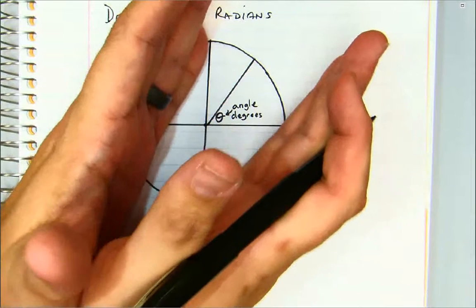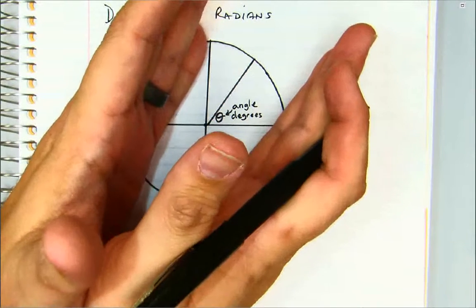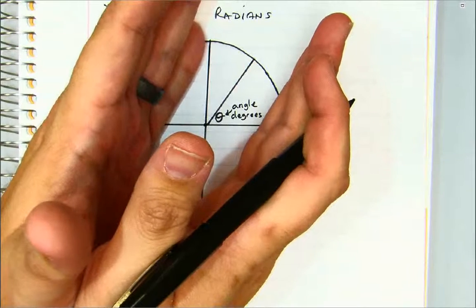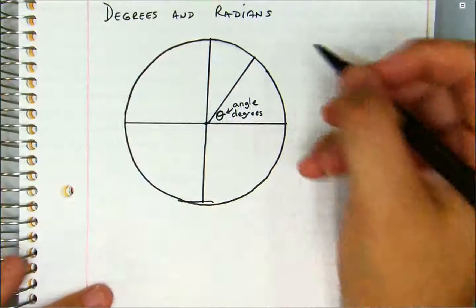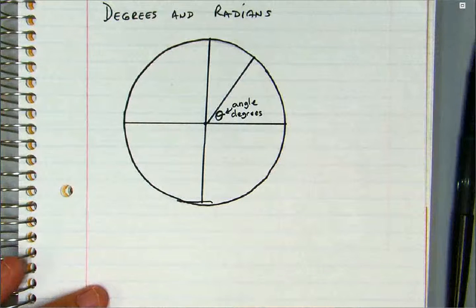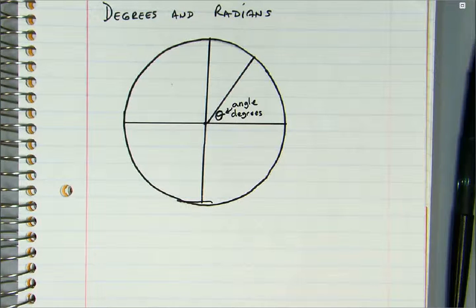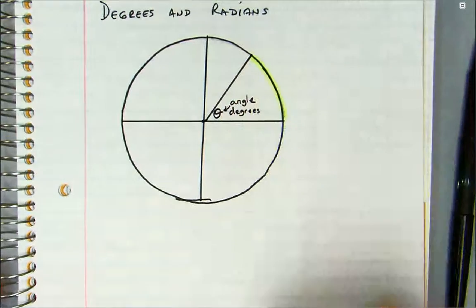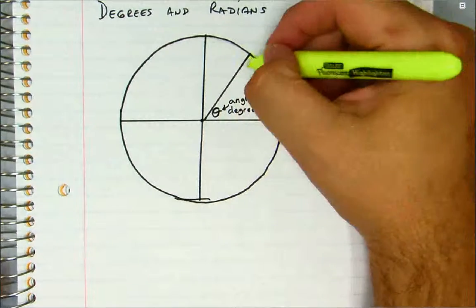Now, when you get your angle and you're dealing with a circle like we're dealing with in the unit circle, what happens is you actually cut a chunk of the circle right here.